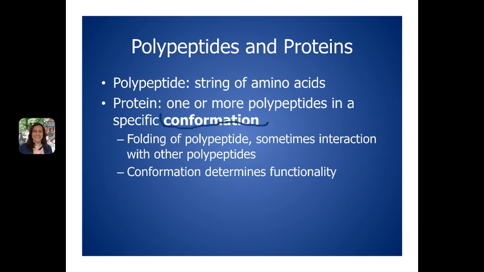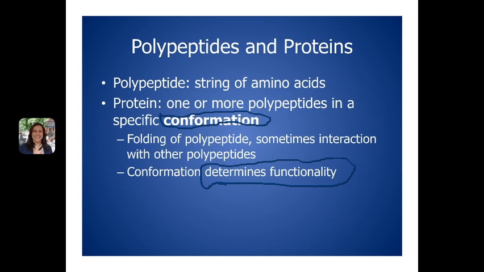In other words, they are folded in a very specific way that allows them to function, to perform the function of that protein. So when you have a protein and you want to study what size the protein is, for example, then you would denature the protein.